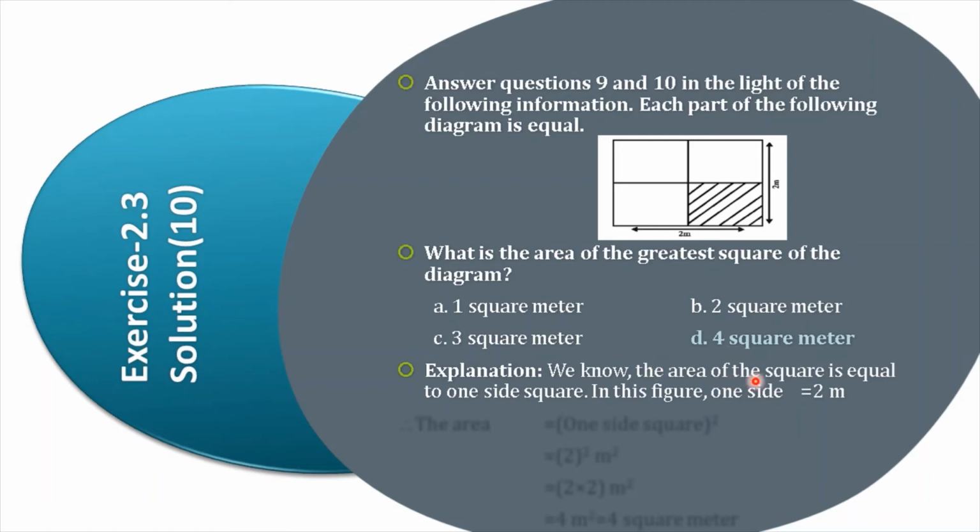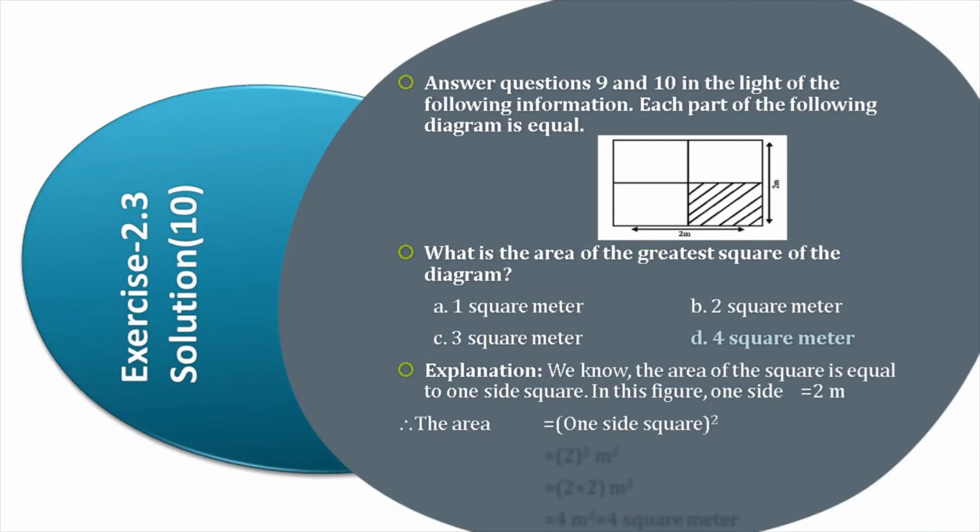We know the area of the square is equal to one side squared. That is the formula of the area of the square. In this figure, one side equals 2 meter. As you can see, the greatest square is full. This diagram is full, the greatest square. So one side is 2 meter.